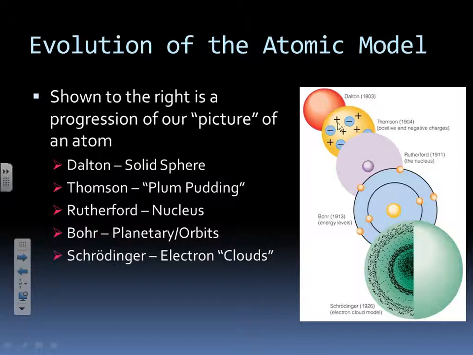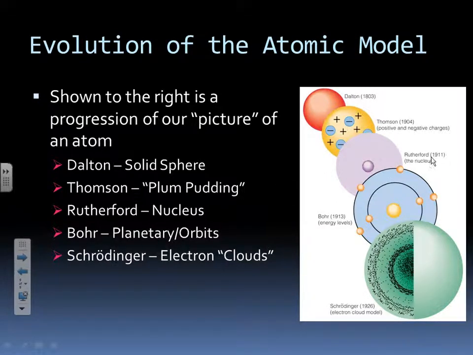But then Thomson comes along, right, and comes up with the idea that there are negatively charged particles. So he comes up with his plum pudding model, right? Where we said kind of like almost like a chocolate chip cookie, right? Where the cookie part is the positive material of the atom, but the chocolate chips are these negative pieces that we eventually call electrons.